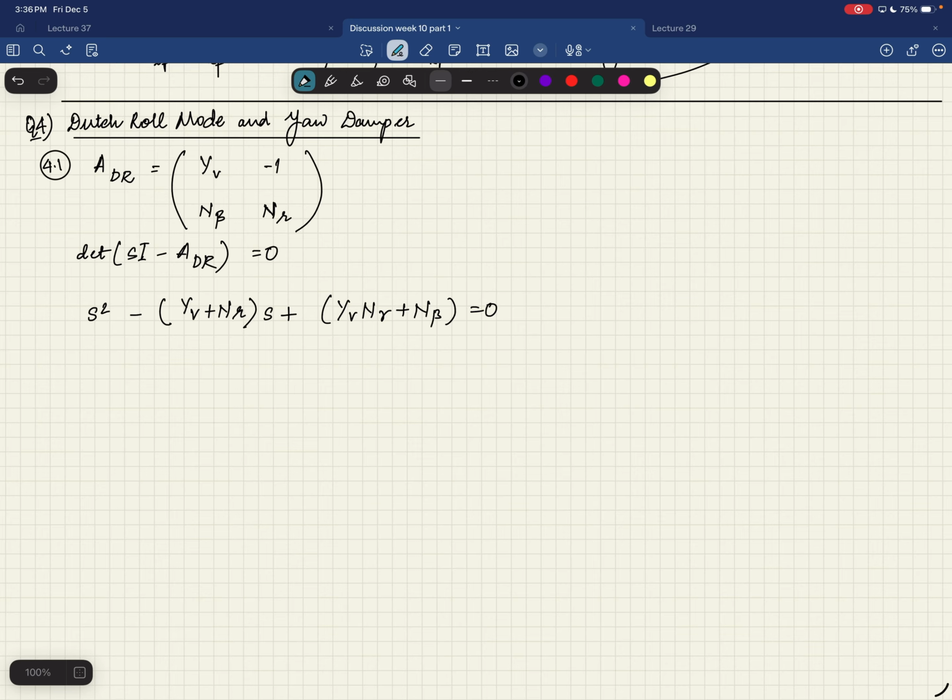Okay. So now can you relate which stability derivatives contribute to zeta and which contribute to omega n?